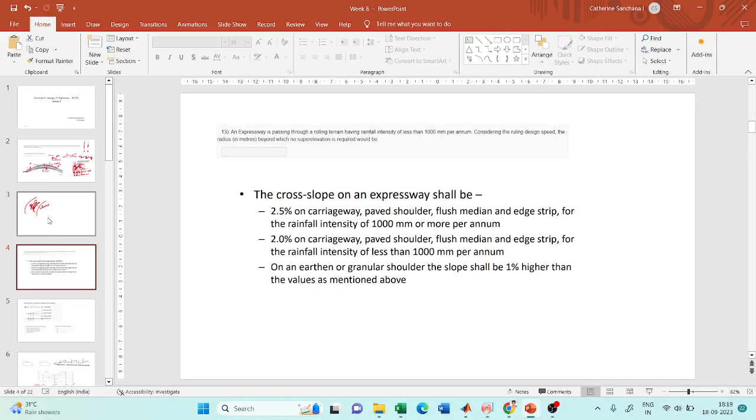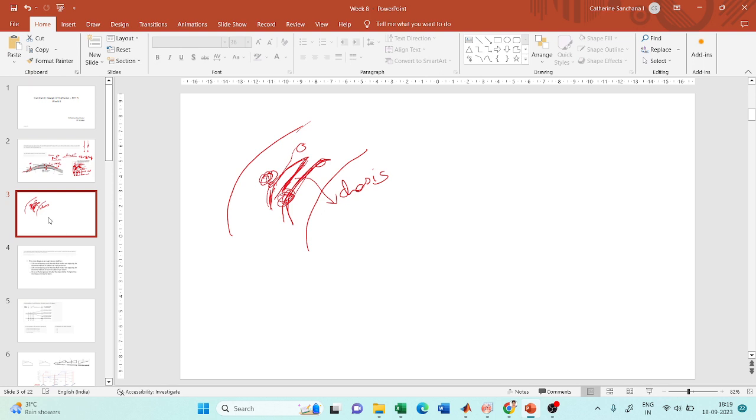But before that, for psychological widening, you do not have a proper theoretical background. You have only an empirical equation, so that equation we cannot derive. But for mechanical widening, since it is based on the dimensions of the vehicle, that equation can be derived. So we will see how the equation of mechanical widening is obtained.